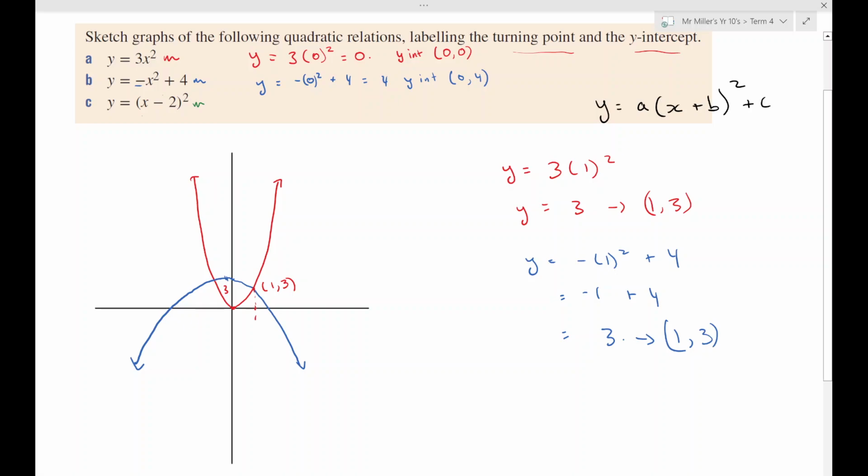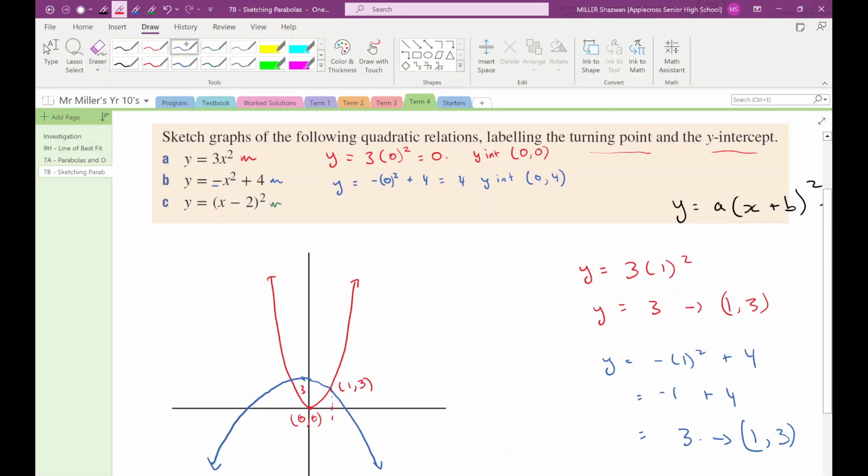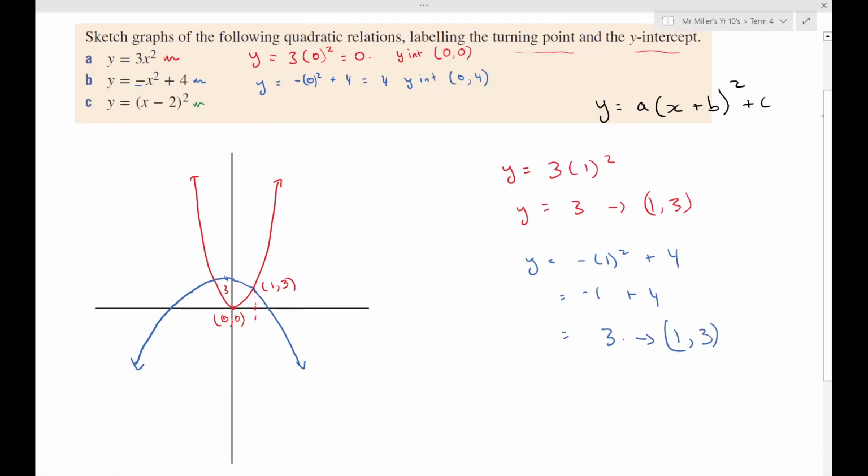If we imagine we're going left to right, we're decreasing, and now we're increasing our gradient. So the turning point here was (0, 0), and the turning point here, which also happens to be the same as the y-intercept, was (0, 4) up here. And both of these intersected at (1, 3).